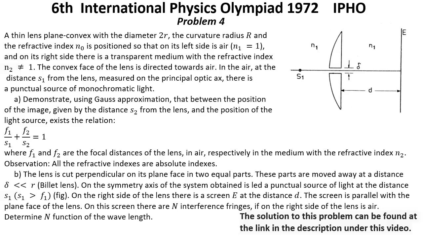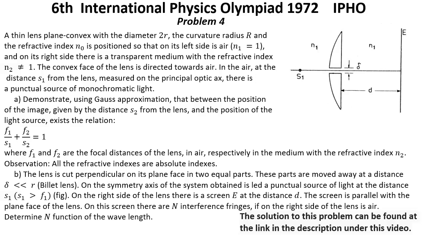Question A. Demonstrate using the Gauss approximation that between the position of the image, given by the distance s2 from the lens, and the position of the light source exists the relation f1 over s1 plus f2 over s2 equal 1, where f1 and f2 are the focal distances of the lens in the left medium, respectively, in the medium with the refractive index n2. Observation. All the refractive indexes are absolute indexes.